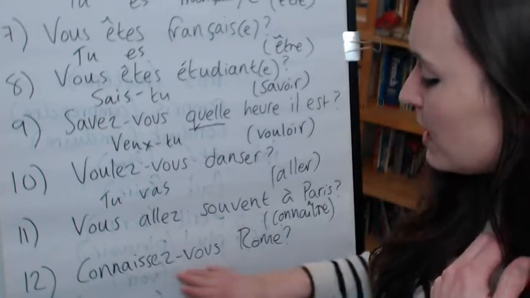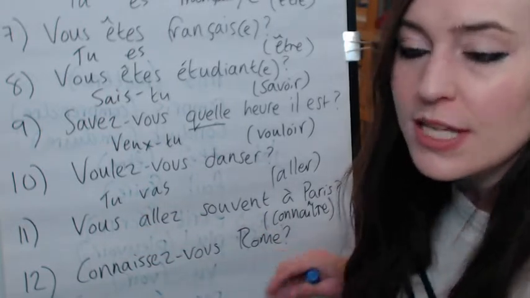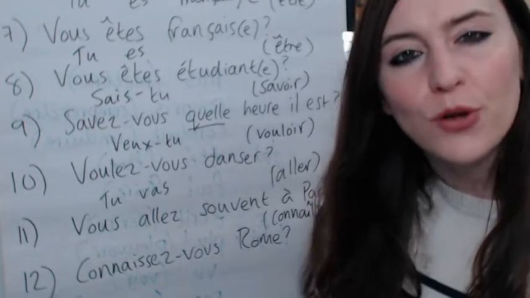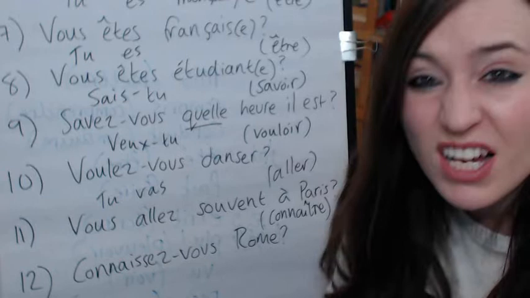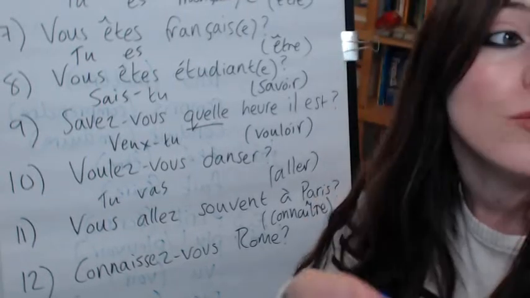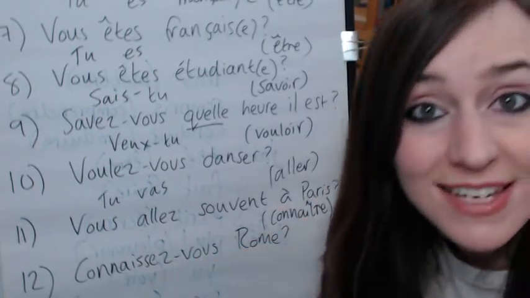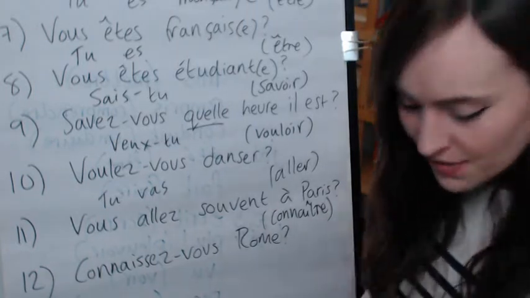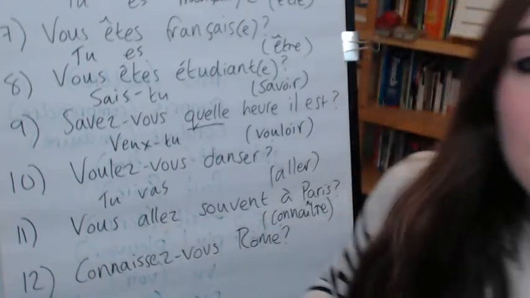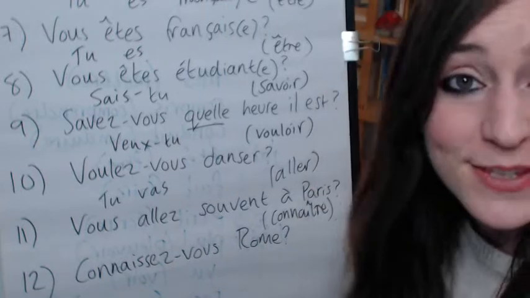But connaissez-vous Rome? That means, are you familiar with Rome? As in, have you been there? Or, you know, do you know a lot about it if you haven't been there? But connaissez-vous Rome is asking, do you have first-hand experience of the place?